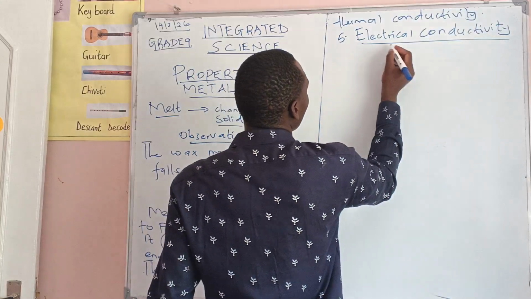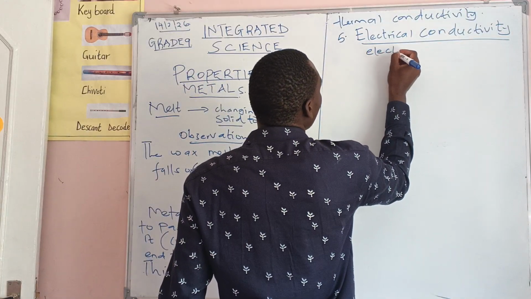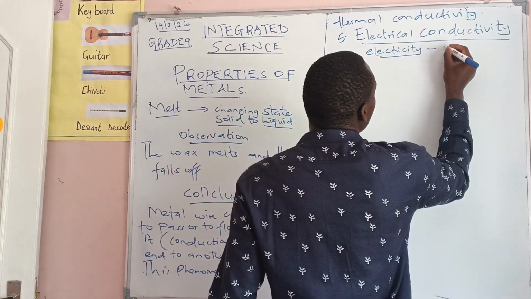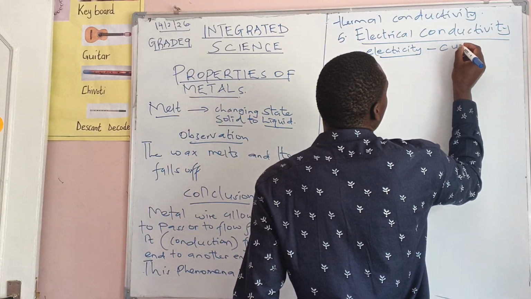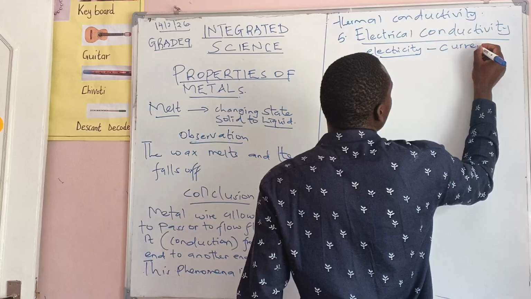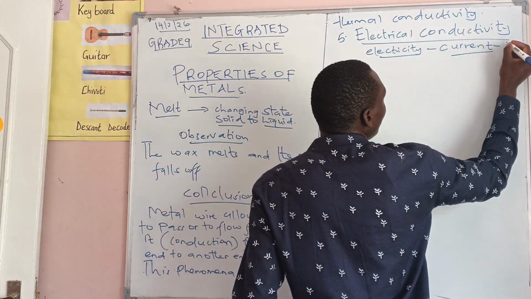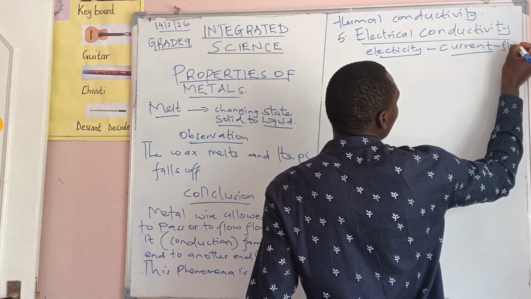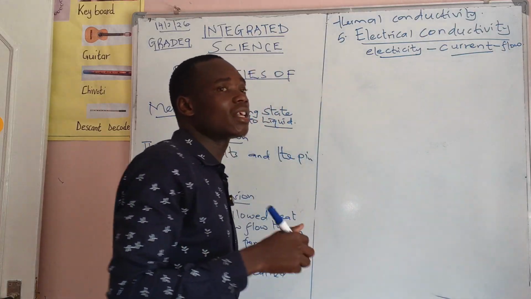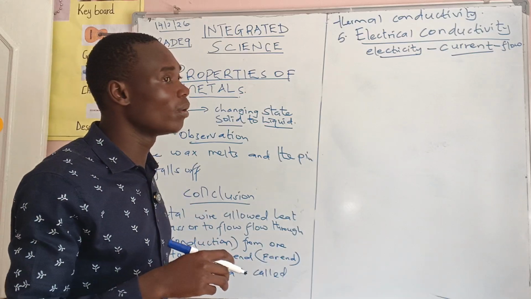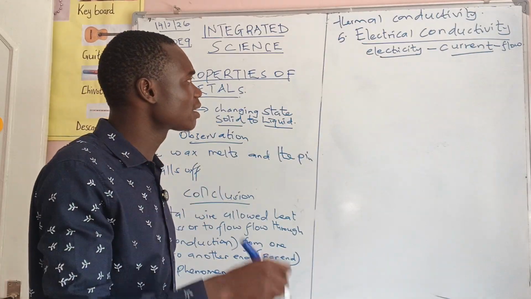From the word electrical, we get what? Electricity. And when we hear the word electricity, what comes into our mind is electric current. And what do they do? They flow. For us to have the light, it means there is electric current flowing from the source of electricity.